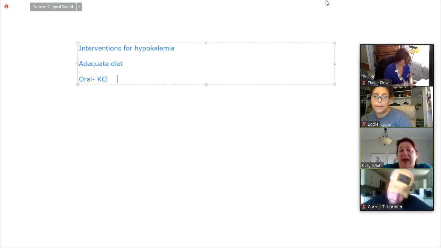If you have to give liquid potassium, it does come in liquid form. You always want to dilute it. You want to put it in at least 4 ounces of fluid.